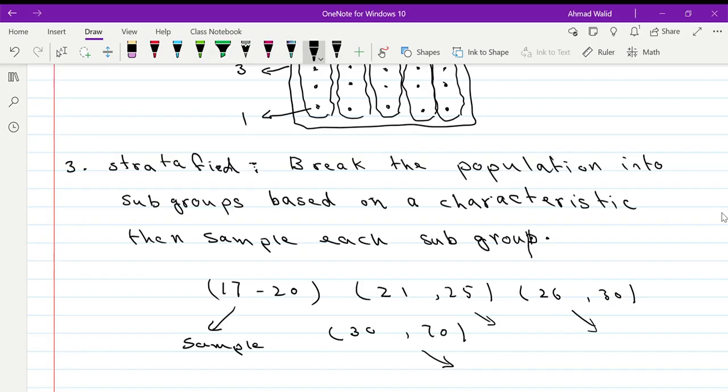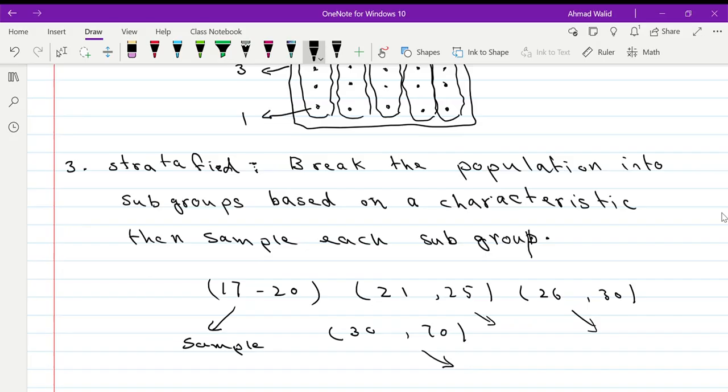It's election time, and you come to Riverside County, and you want to pick up a sample from the people in Riverside County to talk about the two presidential candidates or three possible presidential candidates that we will have. What you do, first you divide Riverside in different communities, right?